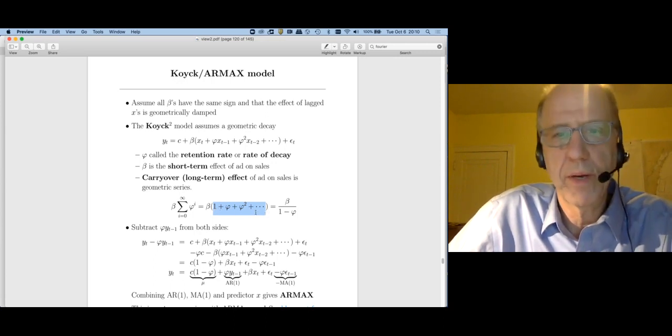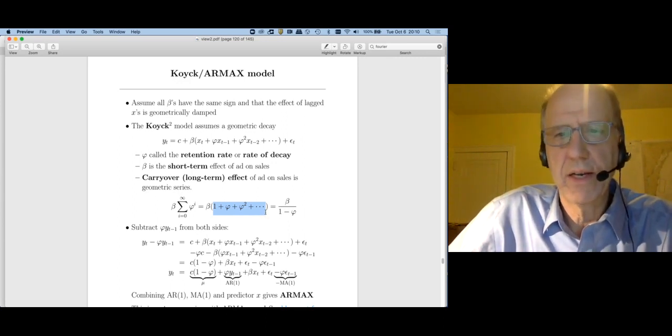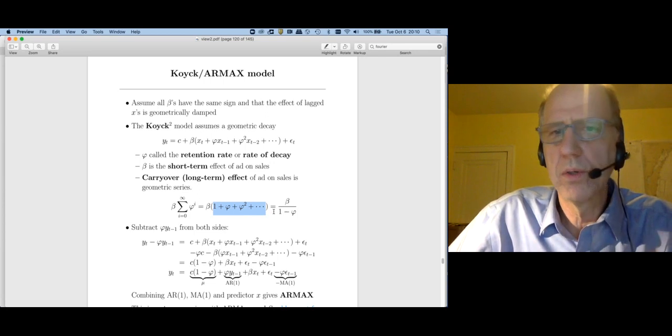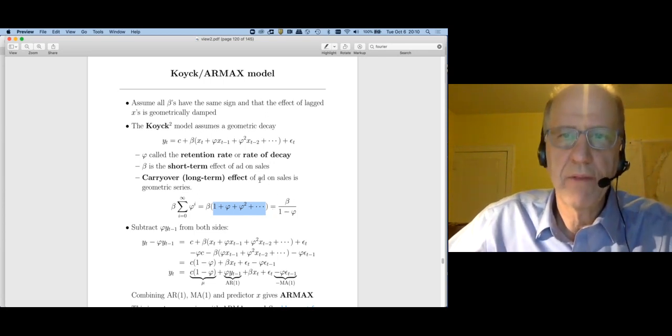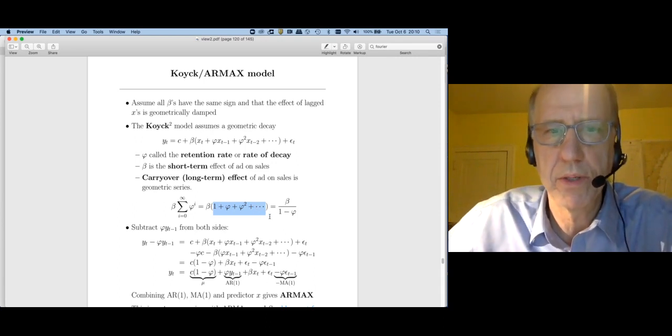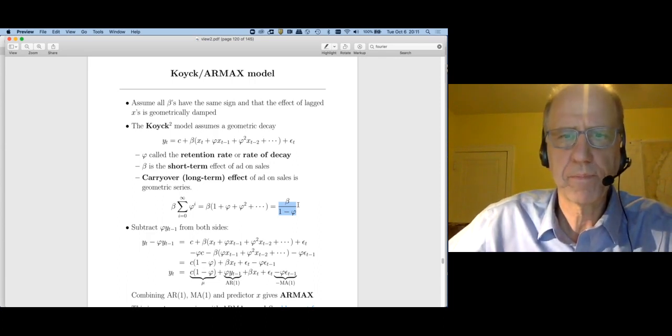So take 1 over 1 minus phi times beta, you get beta over 1 minus phi. So we can think of this as the total long-term effect that $1 I spend on advertising this period will have on sales into the future, over an infinite number of periods. So this is usually the quantity that we're much more interested in.